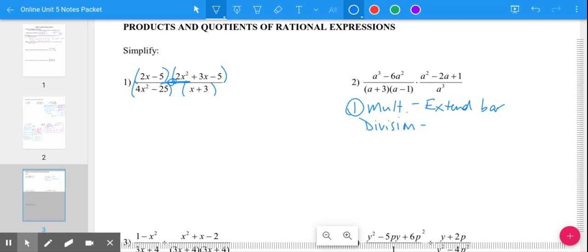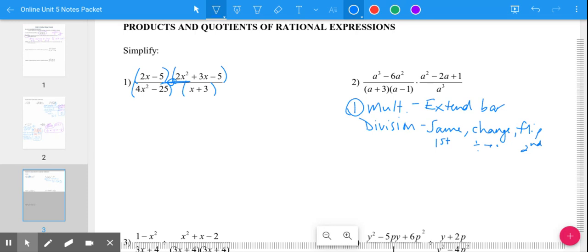Division is the one that's a little bit tricky, and maybe you'll remember this phrase from another course, something to the effect of same, change, flip. And what that means is we're going to keep the first fraction the same. We're going to change from division to multiplication, and we're going to flip the second fraction, because division is really the same as multiplying by the reciprocal.